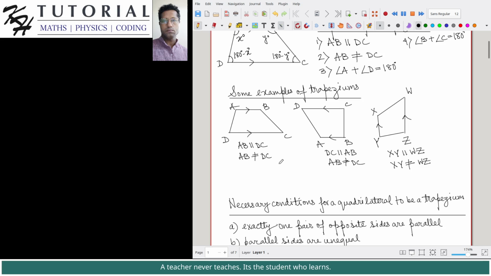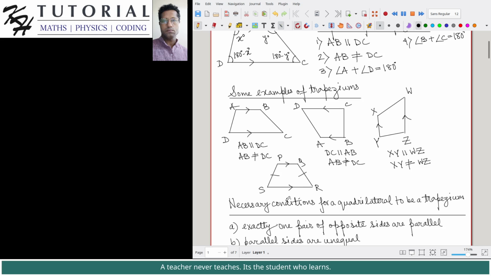For example, let's say we have this trapezium PQRS, where the pair of opposite parallel sides are PQ and RS, and the non-parallel sides SP and QR are equal.